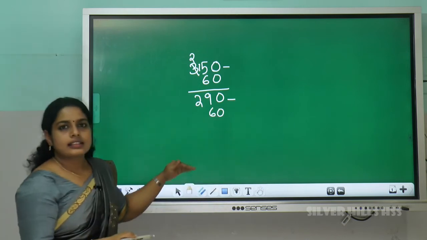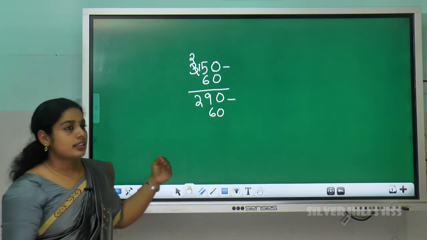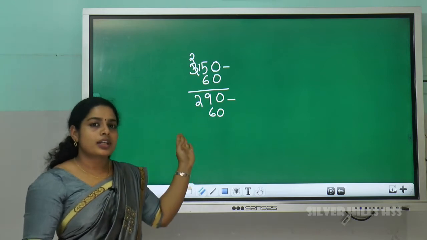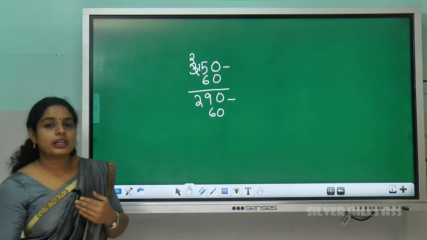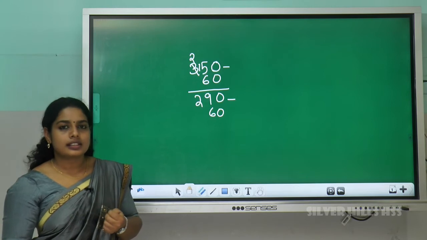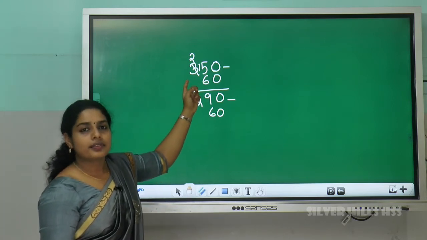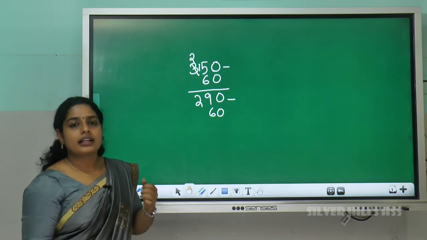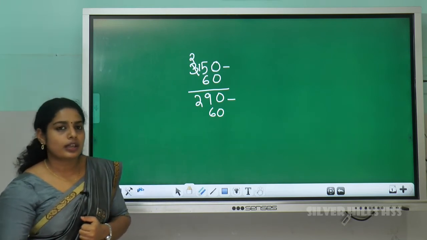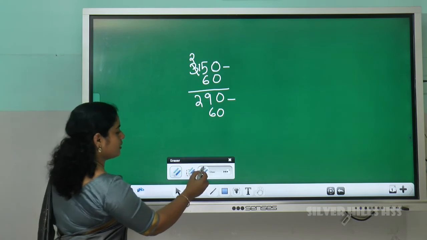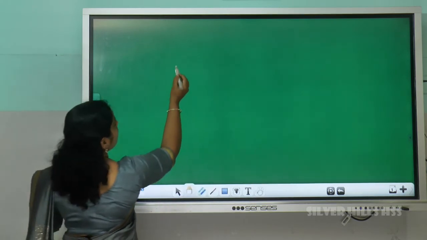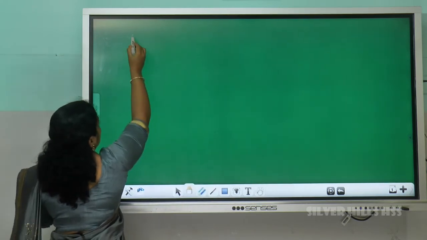It goes on like this. In smaller classes, you have also studied repeated subtraction. Instead of repeated subtraction, we can do division, isn't it? That means in order to find how many 60s are there in 350, we can just divide 350 by 60. So, we are going to divide what?